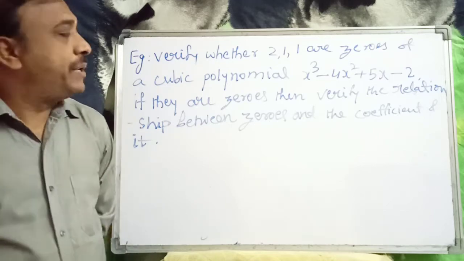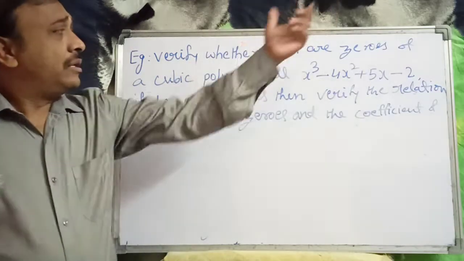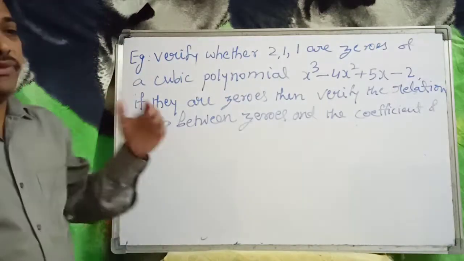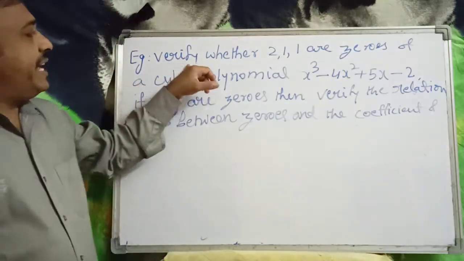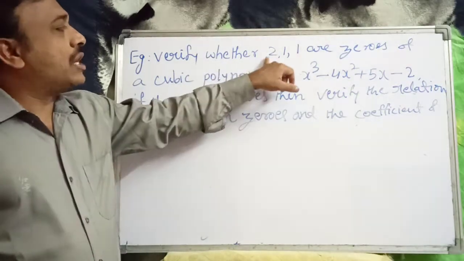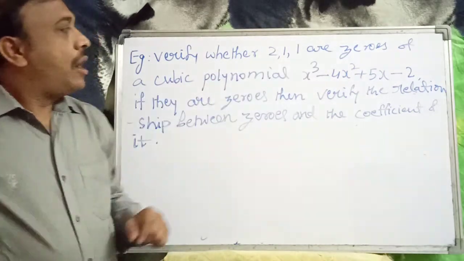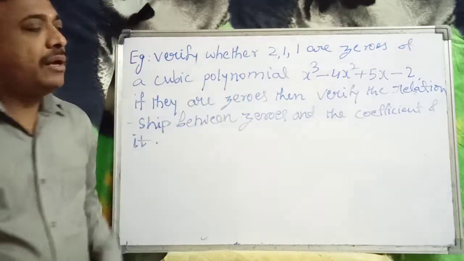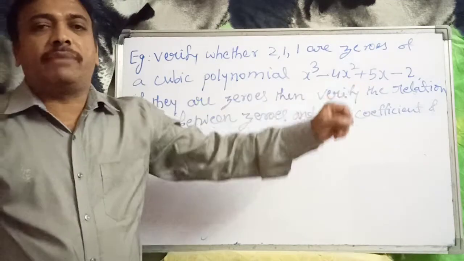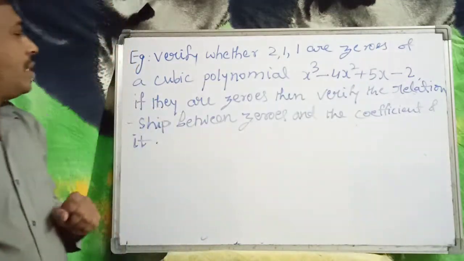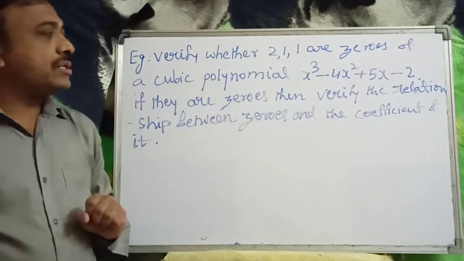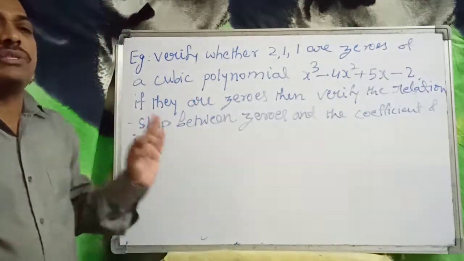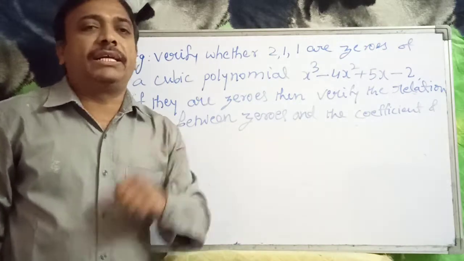Now we see one example where three zeros are given for a cubic polynomial. See here we have an example. Verify whether 2, 1, 1 are the zeros of the cubic polynomial x cube minus 4x square plus 5x minus 2. If they are zeros, then verify the relationship between the zeros and the coefficients of it.